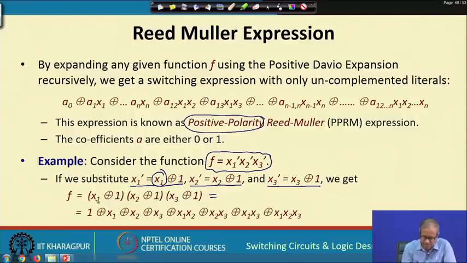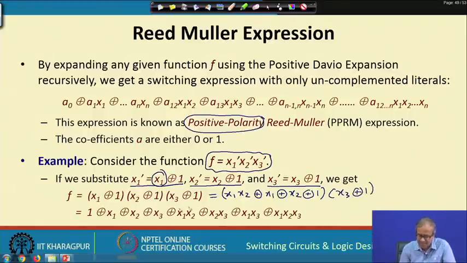The first two, for example, if you multiply by x 1, it will be x 1 x 2, x 1 and 1, XOR x 1, 1 and x 2, XOR x 2, 1 and 1, XOR 1. This will be the first term, and x 3 and 1 remains.